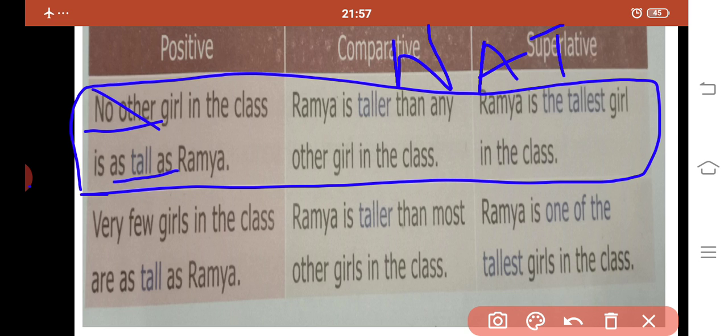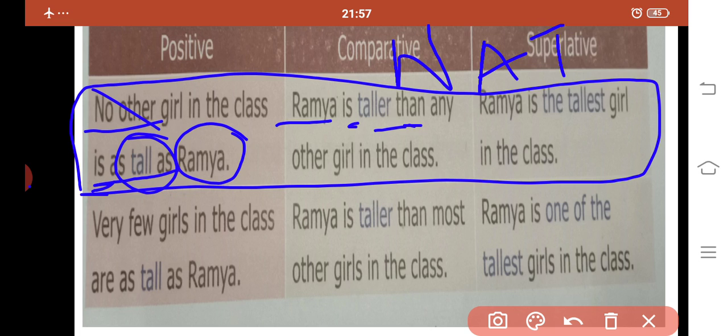We take this subject Ramya, bring Ramya in front of the sentence, and we have to put the tense, and then we have to pick out the adjective word tall. In comparative form we have to add er to that word, taller. Already I told you, the comparative form has than as its bodyguard.